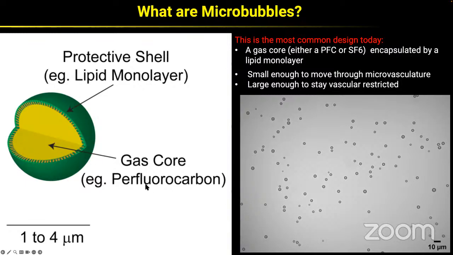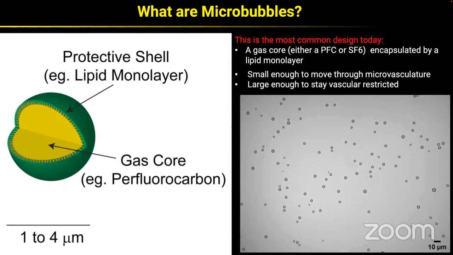Now, these gases tend to be these perfluorocarbon gases, which are high molecular weight, low solubility, biocompatible gases. But there's other gases that we can use. These are kind of the best in terms of how long a contrast agent lasts, but we can make them out of something like sulfur hexafluoride. So the important thing about microbubbles is that they're small enough to move through the microvasculature, but they're large enough to stay vascular restricted.